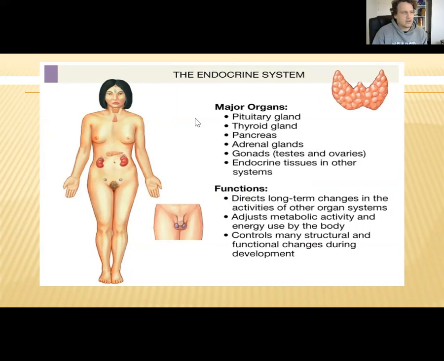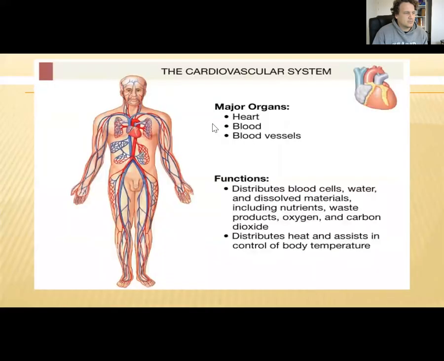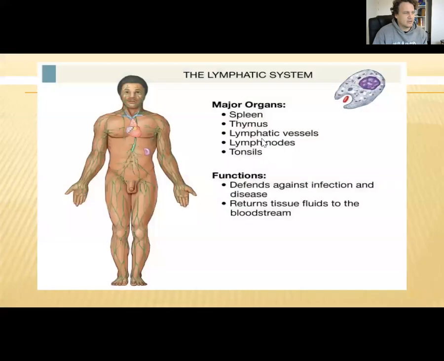So sexual development in puberty. Pancreas is for insulin production. So cardiovascular system, it's the heart, blood, and blood vessels. It distributes blood, water, and nutrients, and assists in distributing the heat and getting rid of heat out of the body.